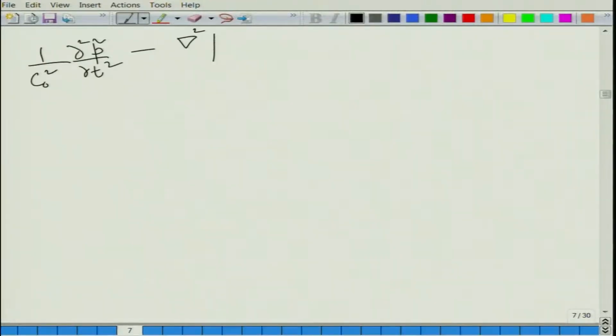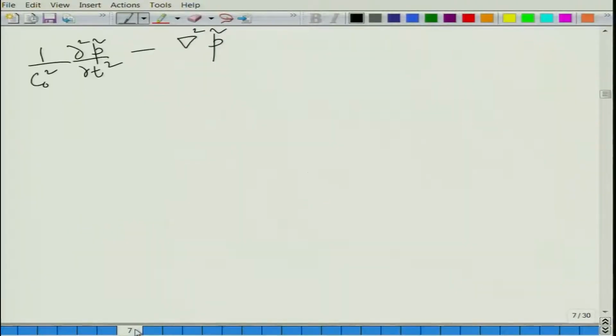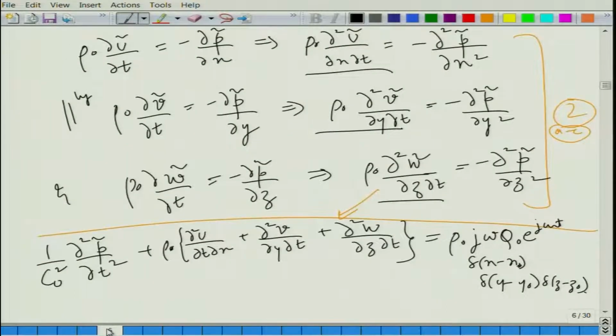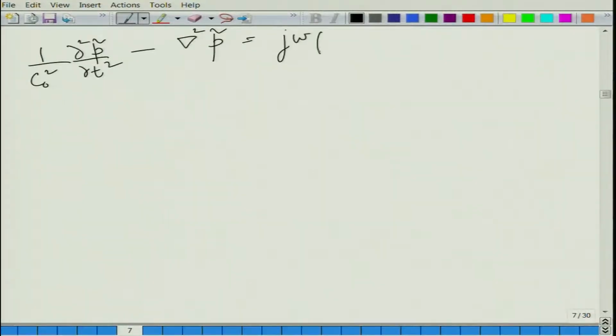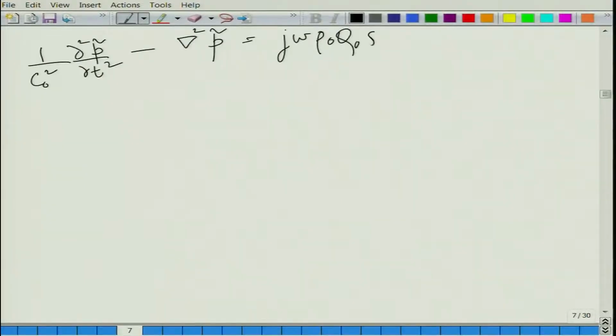So, we get this Laplacian operating upon this, and instead of each of these terms, we take rho naught inside, and you will just get minus Laplacian times whatever you are getting, and this is equal to j omega rho naught q naught. Okay, we will get this.